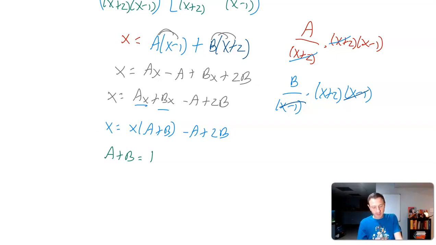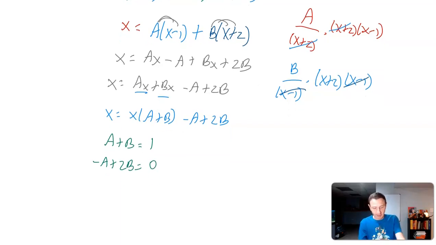And then I have negative A plus 2B. That's going to be equal to 0, because I don't have a plus 5 or minus 7 or anything like that. So I just have 0.